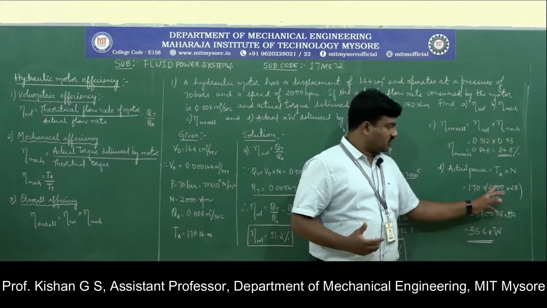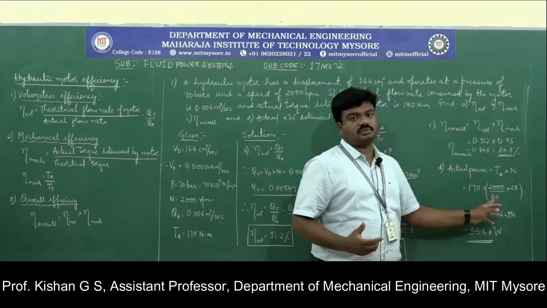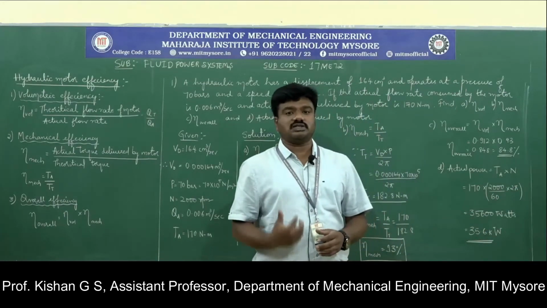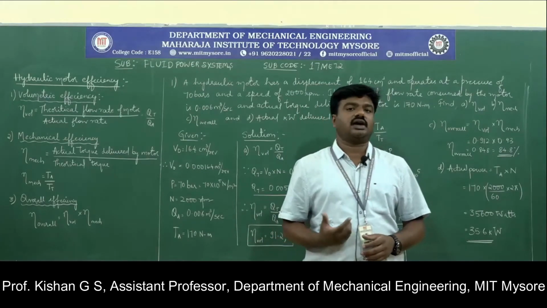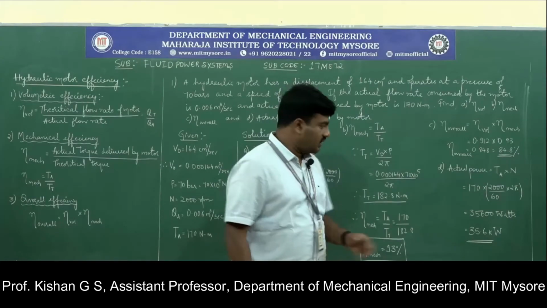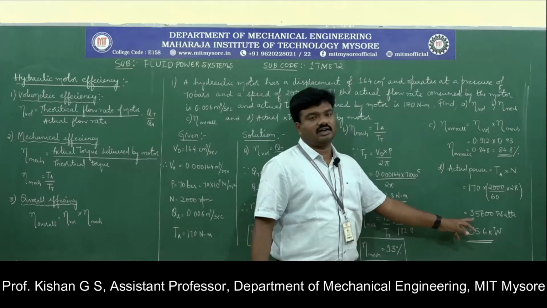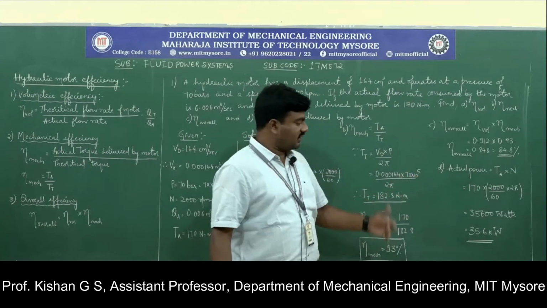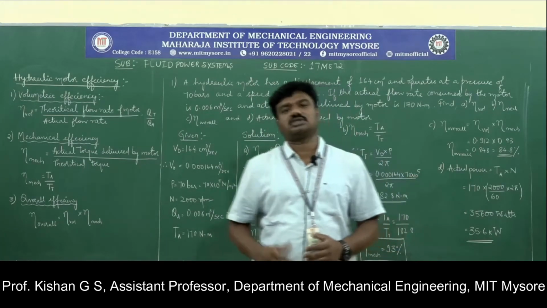So 2000 divided by 60 becomes revolutions per second, multiplied by 2 pi gives you the value in radians per second. So upon substitution, you will get the value as 35,600 watts, and converting it to kilowatts, it becomes 35.6 kilowatts.